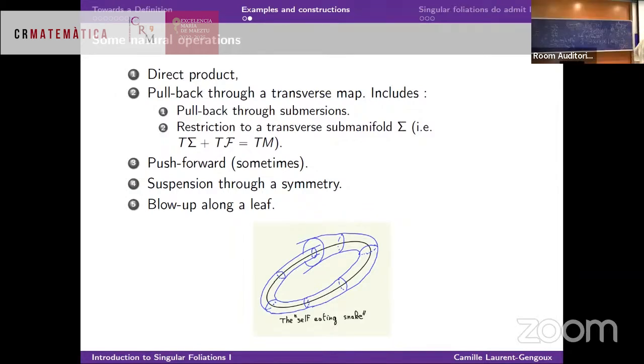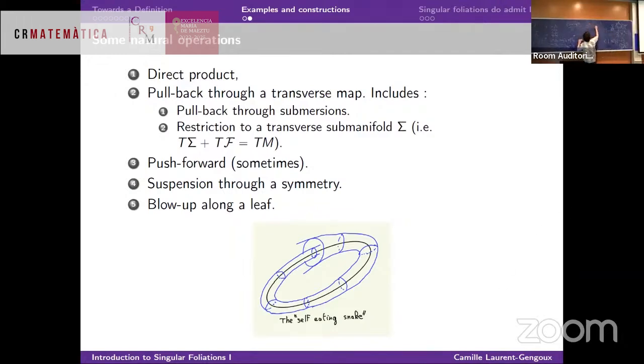So I wanted to say that with this, what I call the consensus definition, quite a lot of natural constructions do work. Direct product, fine. A pullback through a submersion: you have a manifold here, a manifold here, and a submersion between them. You can take a singular foliation here and pull it back. Basically, you have to add all the vertical vector fields. It works. You can also restrict to transverse submanifolds, which I have to explain because it's very nice.